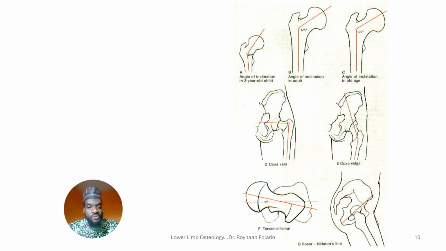So the angle of inclination, particularly we are referring to the angle between the shaft and the neck and the head, so to speak, the neck and the femur. So it's typically about 125 degrees in adults.